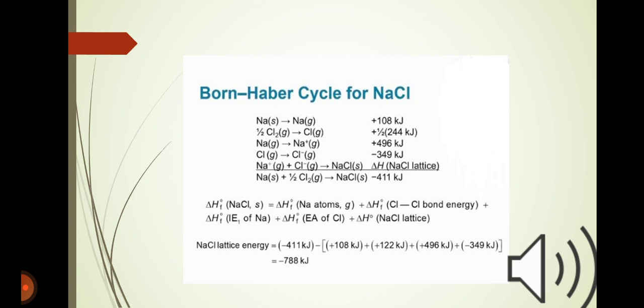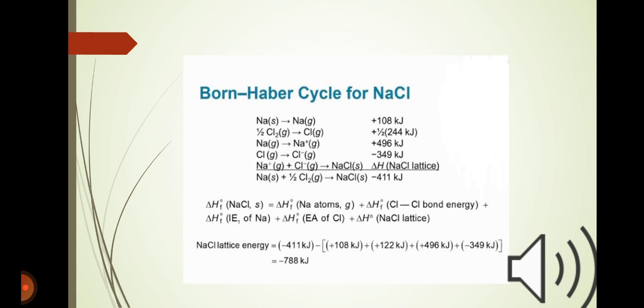To convert gaseous chlorine atom into chloride ion, the energy is 349 kilojoule; the electron affinity is 349 kilojoule. Then the sodium cation and chloride anion combine together to give NaCl, and the energy is minus 411 kilojoule.